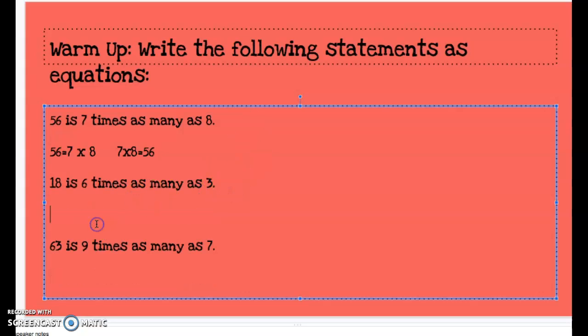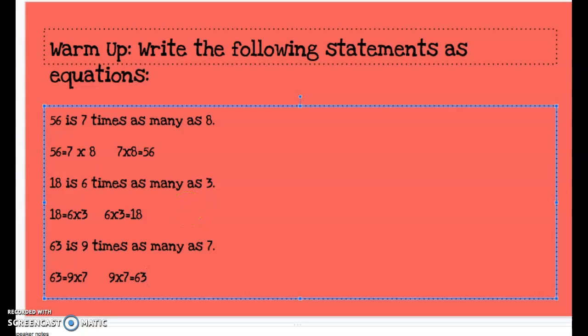Let's look at our next problem. 18 is 6 times as many as 3. I could have written 18 equals 6 times 3, or 6 times 3 equals 18. Our final question, 63 is 9 times as many as 7. I know that 63 equals 9 times 7, or 9 times 7 equals 63.